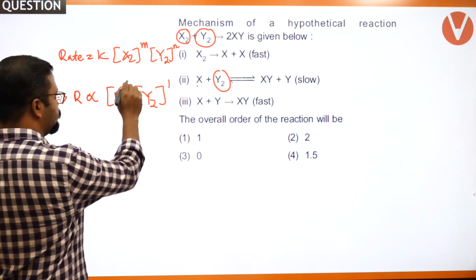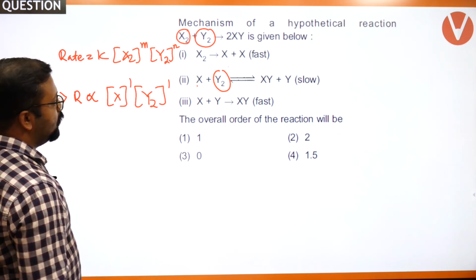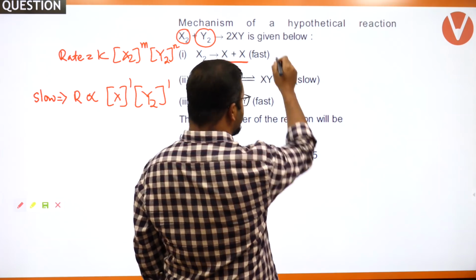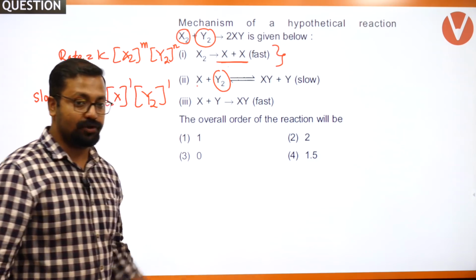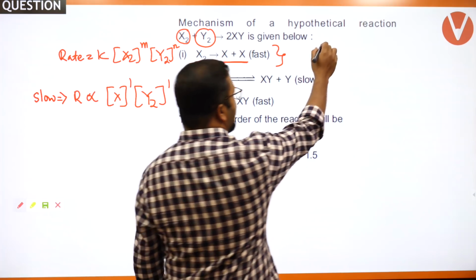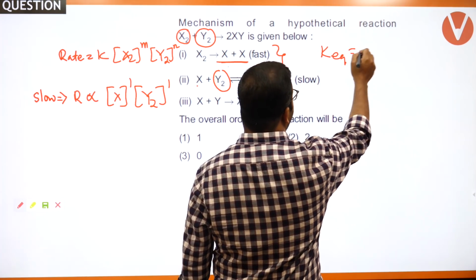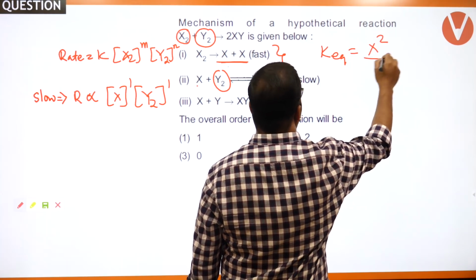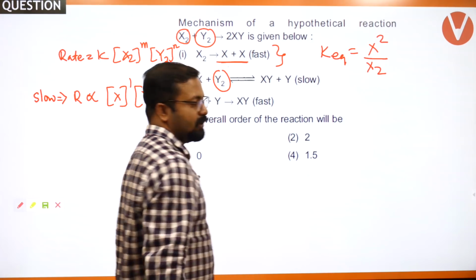Okay, X to the power 1. Also, X is involved in the first reaction. Assuming that this is an equilibrium, I will write K equilibrium as x square by x2. Can I write this? Yes.